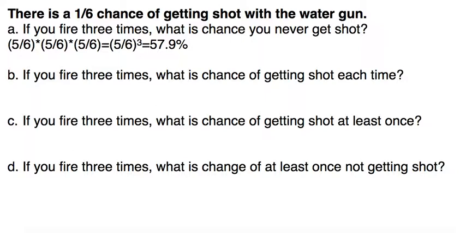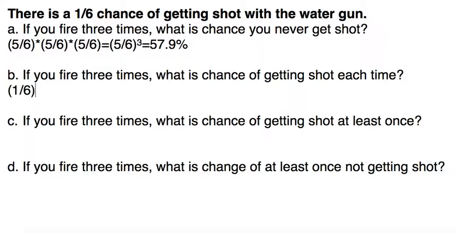Everybody's okay. In B, if you fire 3 times, what's the chance of getting shot each time? Again, this is getting shot with water each time. So you fire it, you get shot. One out of the 6 chambers will have a water bullet again. You fire it, you get shot, and you restock the gun, and again. So fire 3 times, each time you're really unlucky, you get shot each time.